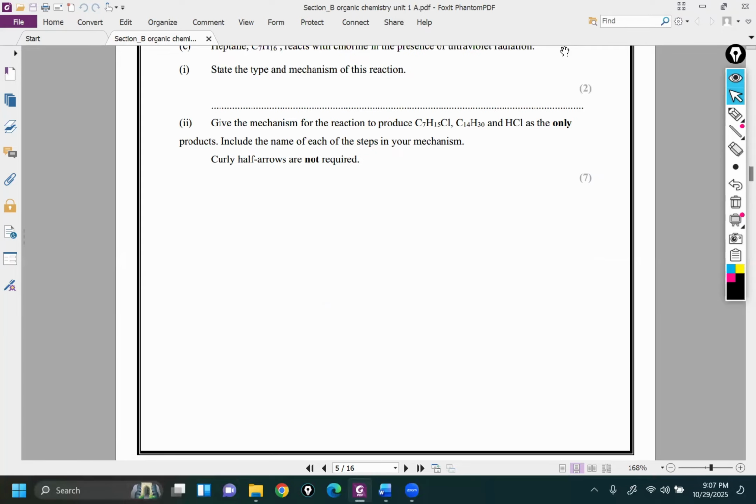Now, this is a very solid question: give the mechanism for the reaction to produce this chloroheptane and this hydrocarbon, and HCl is the only product. Include the name of each step in your mechanism. Curly half arrows are not required. So see here, the first step is the initiation step.